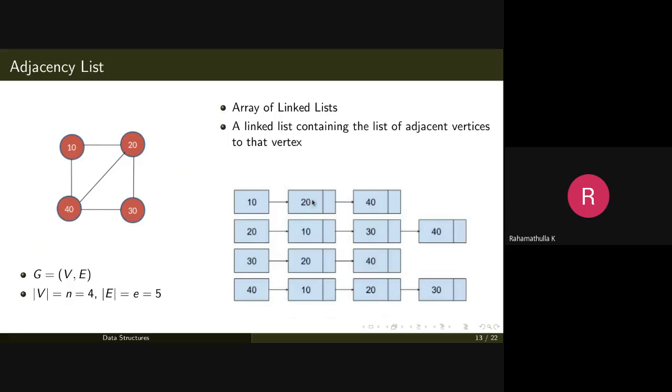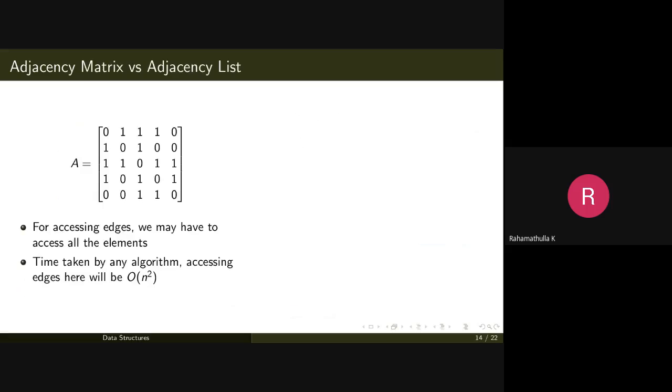So it will have nodes 20 and 40, and the link will be pointing to null. Vertex 20 is connected to 10, 30 and 40, and here it is pointing to null. Vertex 30 is connected to two vertices, 20 and 40. So corresponding to each edge, you will be creating a node in the singly linked list.